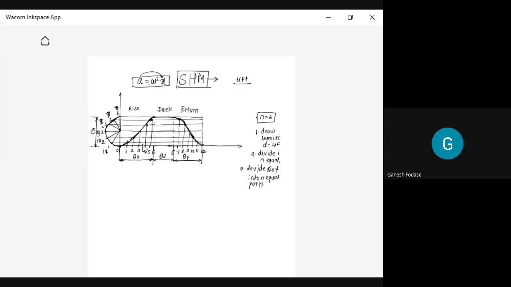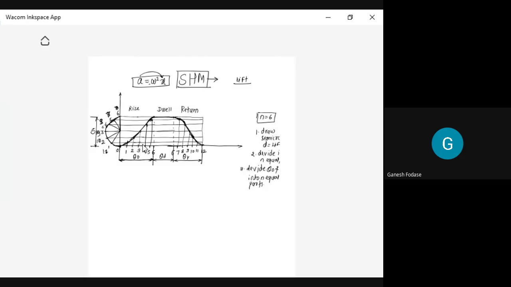So this is your simple harmonic motion displacement curve. You can zoom that diagram to see it carefully. Okay. Any doubt in displacement diagram? How to draw displacement diagram?